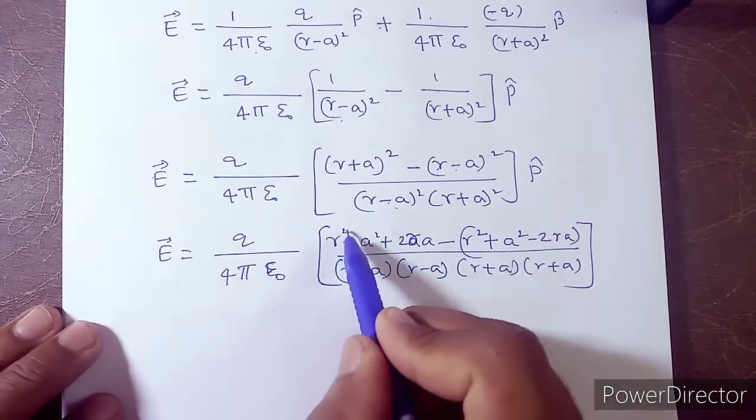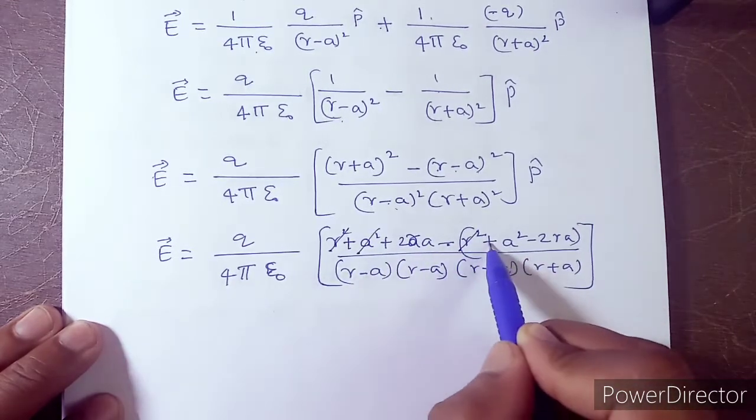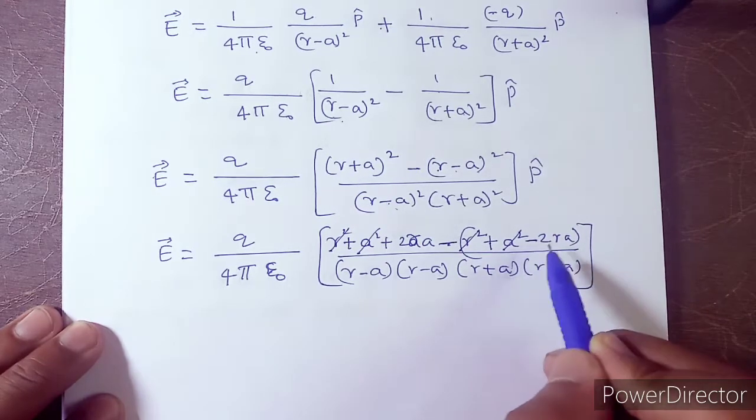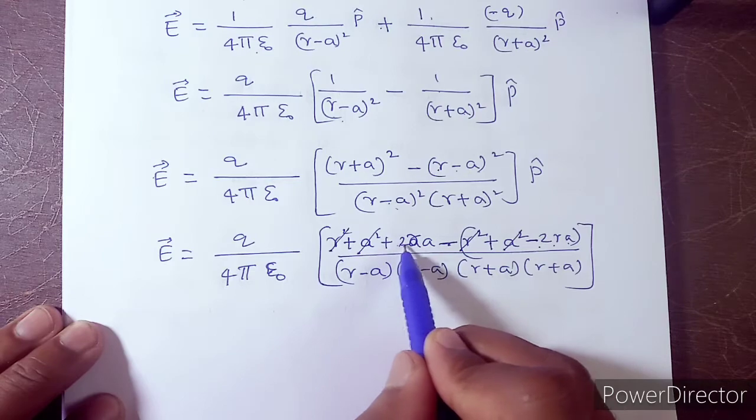So here R square minus R square, A square minus A square will cancel out. Minus into minus will be plus, so this 2RA will add up with this 2RA.